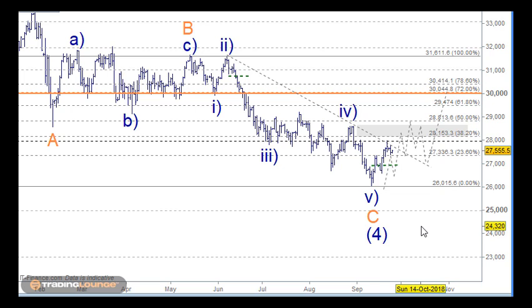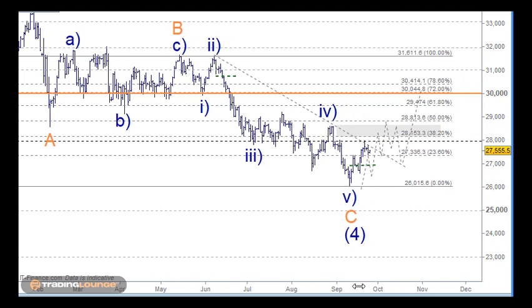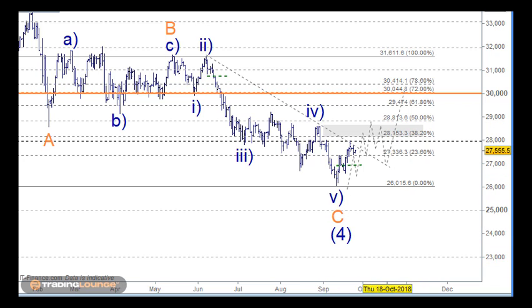So one of the things that I wanted to look at in this move up here, if it's going to be corrective, it's going to be a little bit tricky, because corrective means that it can be 5 waves up here, and then an ABC pattern, and then another 5 waves up here.